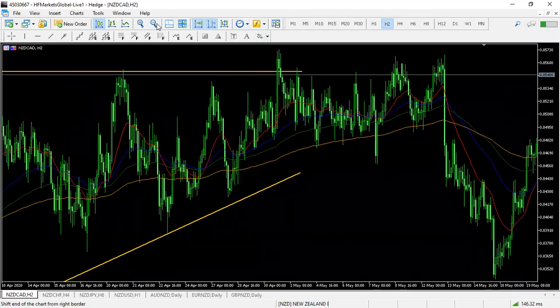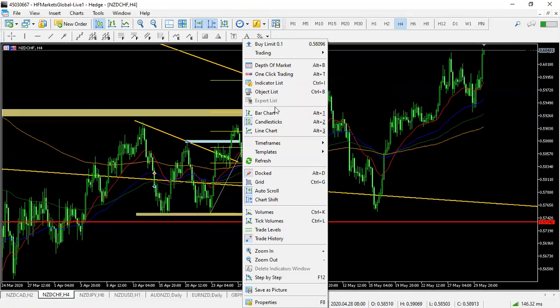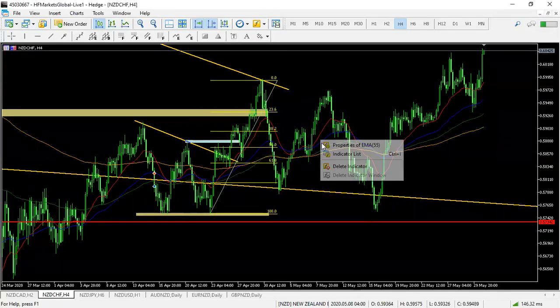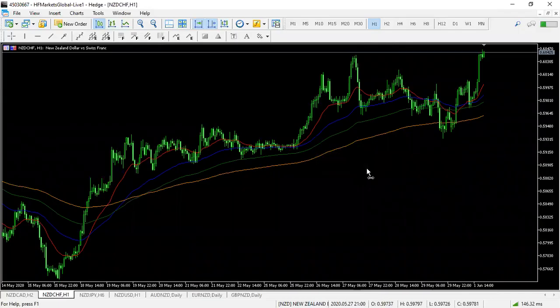One hour, or? NZD CHF. Wow, easy trades on CHF, so you'll have to forgive me. 1 hour. On the 1 hour. Okay, yeah, I've seen one somewhere here.